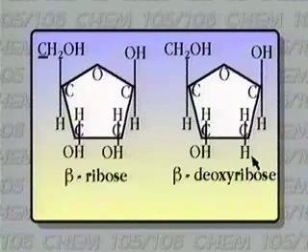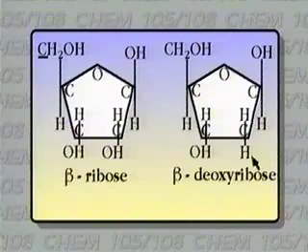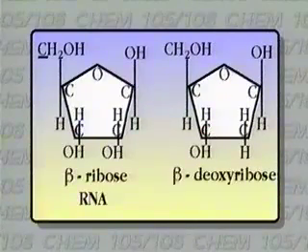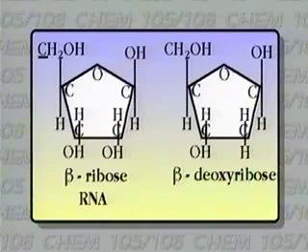Now, these two, as I say, are important when we talk about nucleic acids. There are 2 nucleic acids, DNA and RNA. RNA stands for ribonucleic acid, and the R comes from this part right here, ribose.